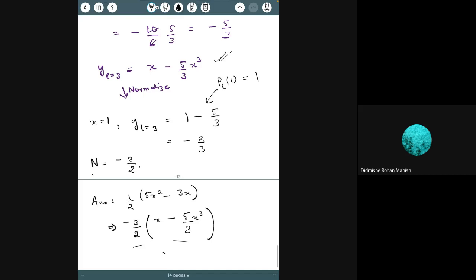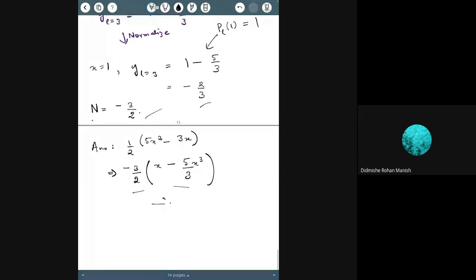So I'll check that for you. Okay. But fine. But this is also quite a simple way of doing it, I guess. So the condition is that when x is equal to 1, the value of this polynomial should be 1. So you can substitute x and see what comes and then multiply it with the reciprocal. And you get the answer.